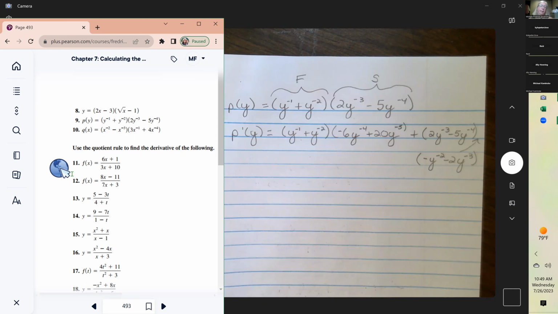If you're looking ahead, the next group is division. That's our quotient rule.